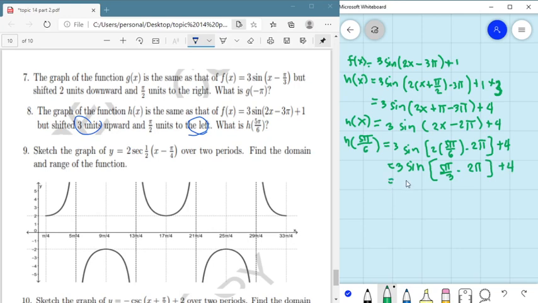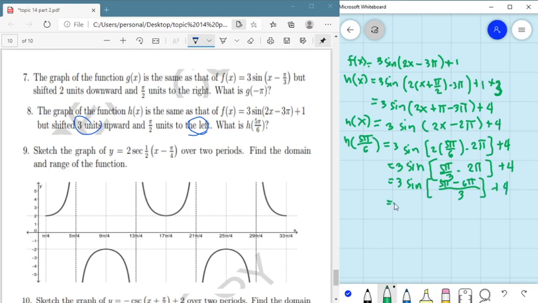And simplifying the inside of the quantity, we have, get the LCD 3. We have 5 pi over 3 gihapon ni minus 3 divided by 1 times 2 is 6 pi plus 4.